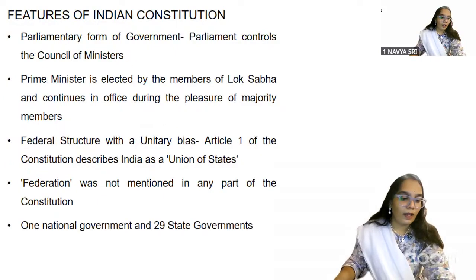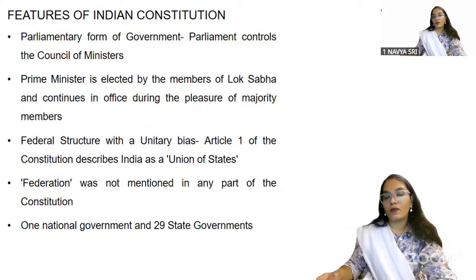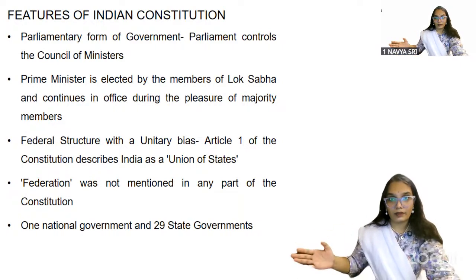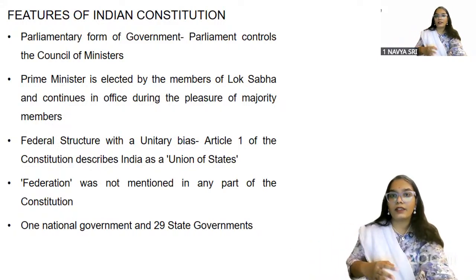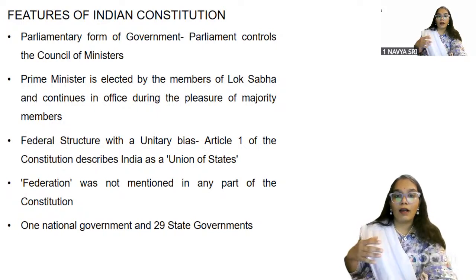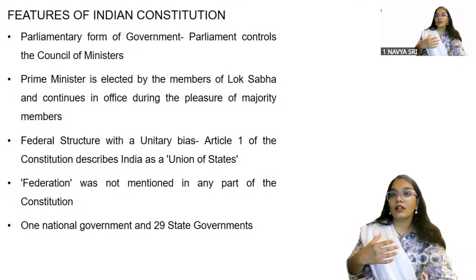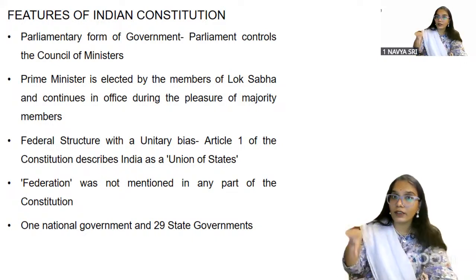Now, next one is the parliamentary form of government, also one of the basic features of the Indian constitution. What happens in the parliamentary form is that parliament controls the council of ministers. The prime minister and the council of ministers are responsible to the parliament, and they enjoy their position during the pleasure of the majority of the members.